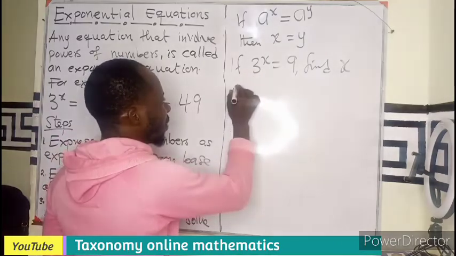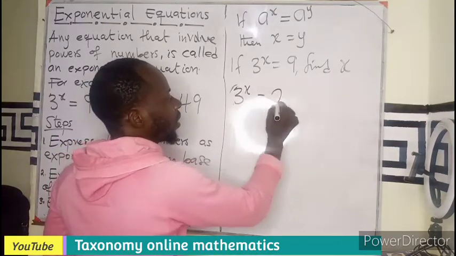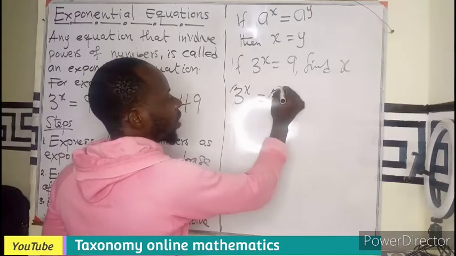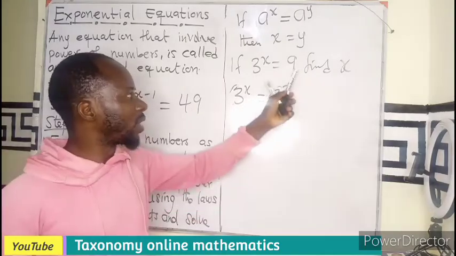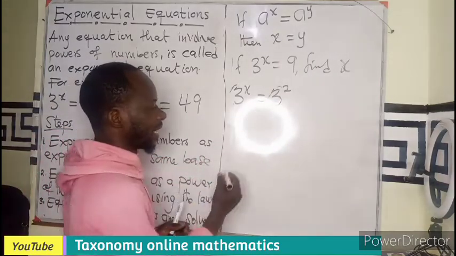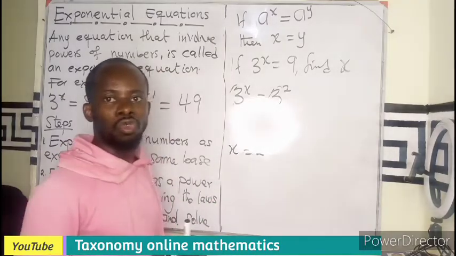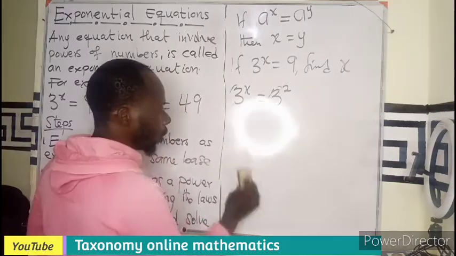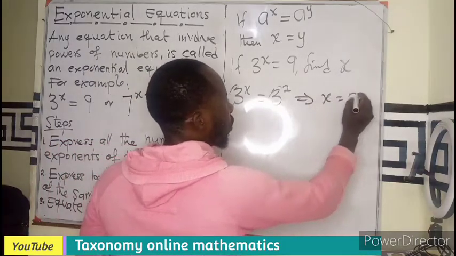We know this is going to be 3 exponent 2. 3 exponent 2 gives us 9. So if 3 equals 3, then our x is also equal to 2. So if this equals this, it implies that x equals 2.